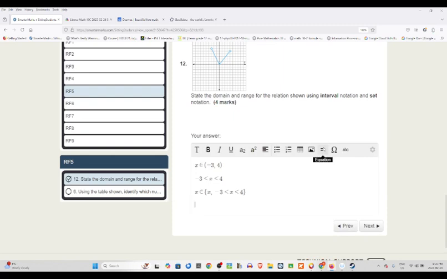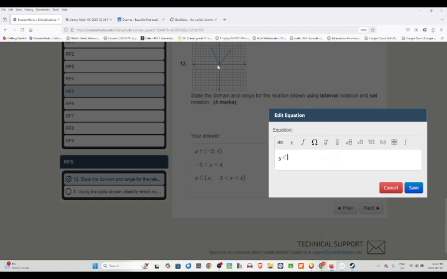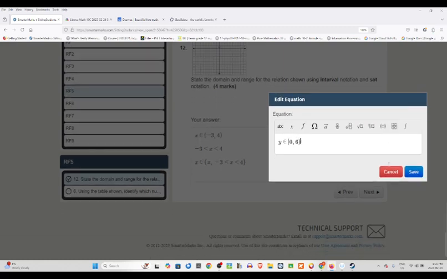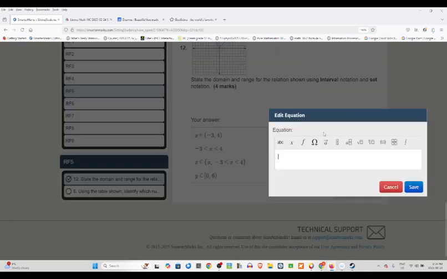The range. Now this one is a little bit different because this comes all the way down to 0 and goes up to 1, 2, 3, 4, 5, 6. But at the top, it's a round bracket because those are open circles. So that's 0 to 6, which is the same as saying 0 is less than or equal to y, which is less than 6.